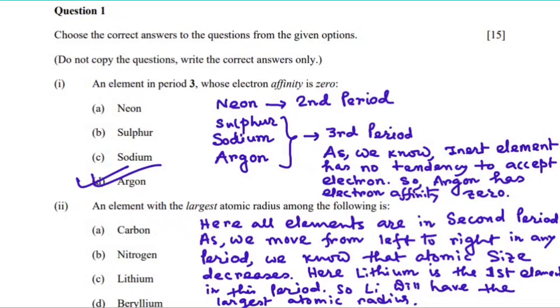Lithium is the first element in this period, so it is the leftmost element, so lithium will have the largest atomic radius. So the answer is option C, lithium. Let us move to the next question.